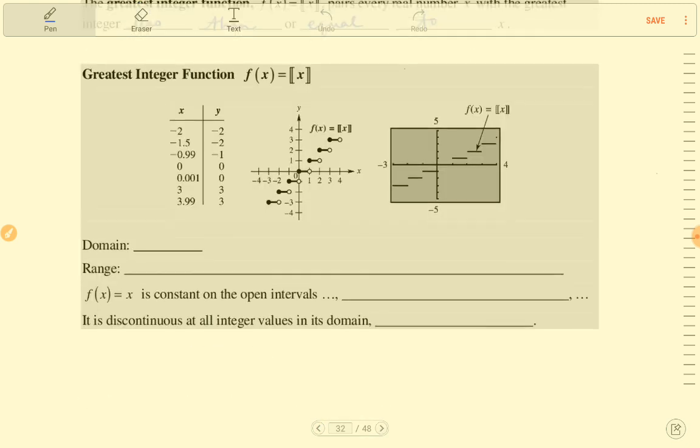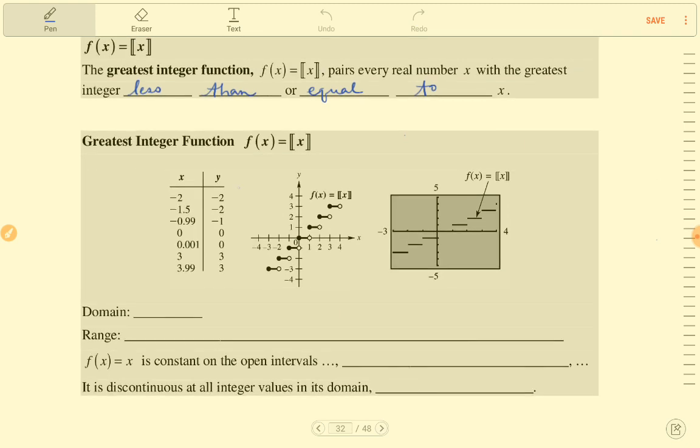And so now we can focus on the properties of a greatest integer function, which, remember, when it's written like this, it pairs every real number x with the greatest integer that's less than or equal to itself. So looking at the graph, we could see that the domain for this one is pretty much any value of x.